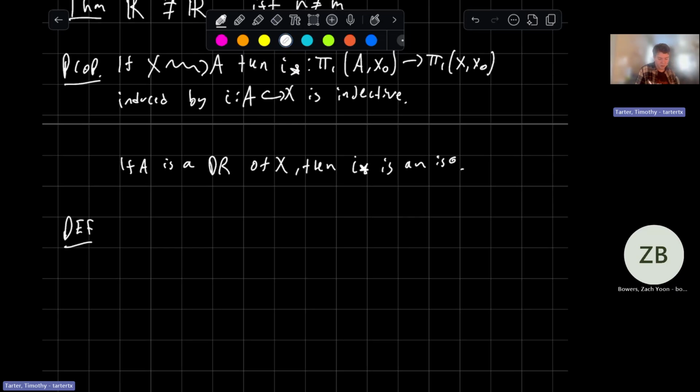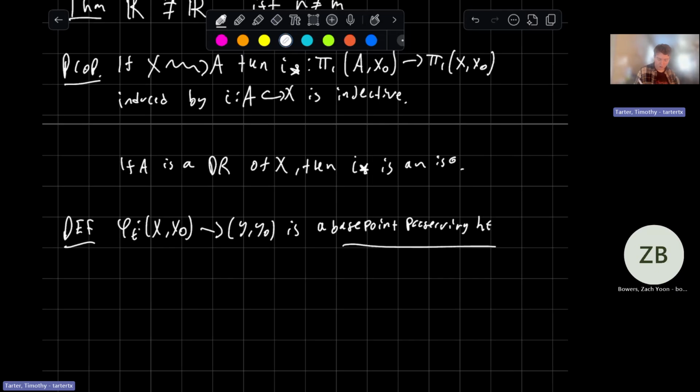So I guess phi sub t from (X, x naught) to (Y, y naught) is a base point preserving homotopy if and only if phi t of x naught is equal to y naught for all t.